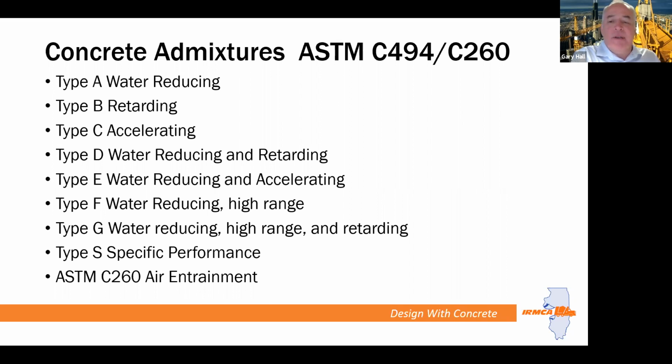These are all commonly specified in concrete specs with your type A, normal water reducing, retarding admixtures, accelerating, high range water reducers for both slump increase, normal water reduction, and then control of set time, either accelerating it or reducing it to maintain normal set time under varying conditions, or to increase or decrease it under extraordinary conditions for specific type of placements.